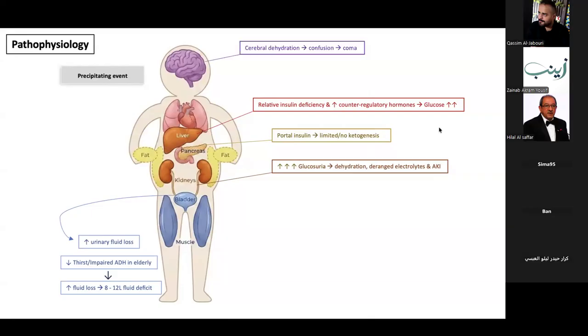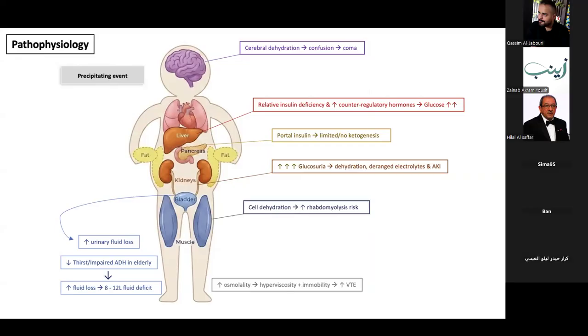This dehydration will impact their mental status, and it will lead to confusion and subsequently, in some severe cases, coma. The old name of HHS was hyperosmolar hyperketotic state or coma, which has changed in the past few years.